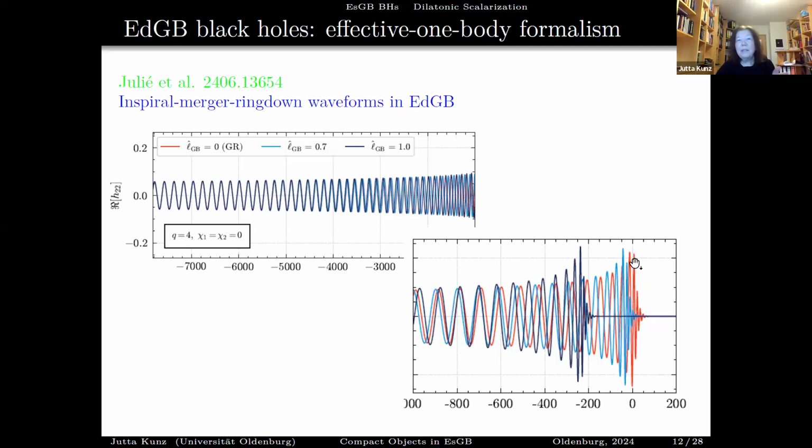But what you see here, when you start at a certain time, and now you evolve, and red means you evolve in general relativity, and here it's just now continuing. And then you have the merger and the ring down. In general relativity, the time is longest.